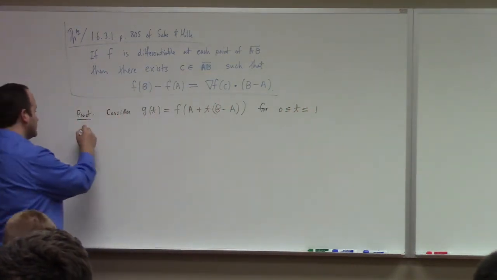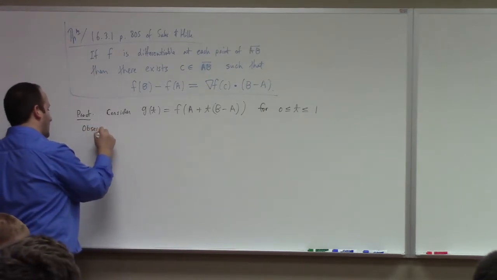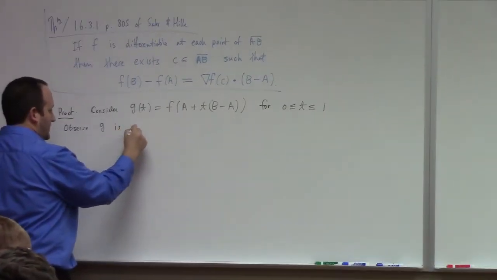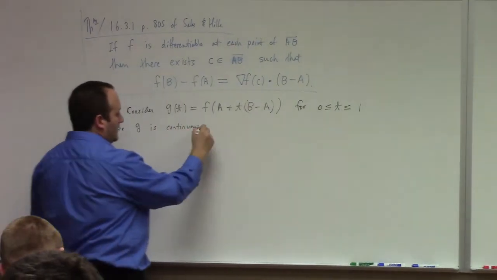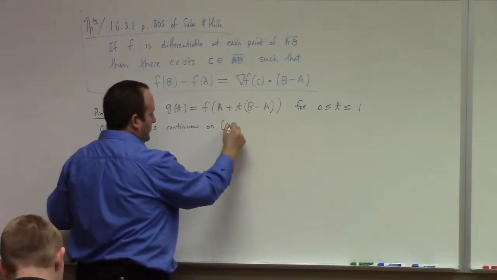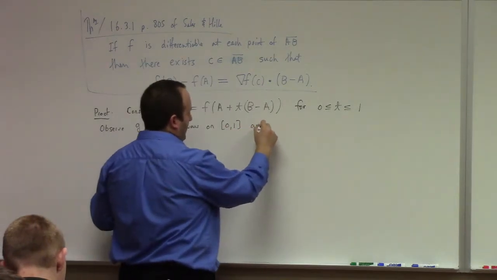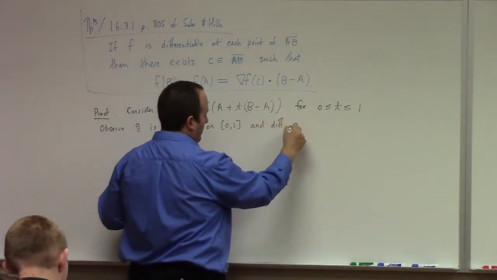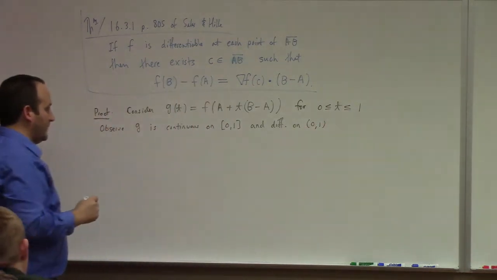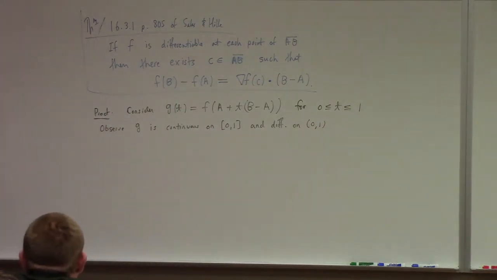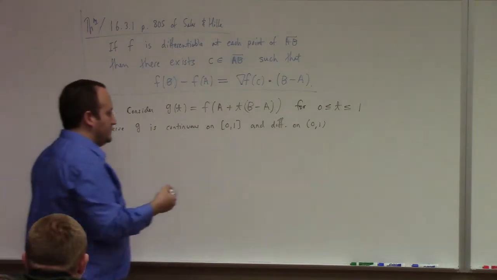Observe g is continuous on the closed interval from 0 to 1 and differentiable on the open interval from 0 to 1, as is clear from the formula. I'm assuming we know the chain rule, right?